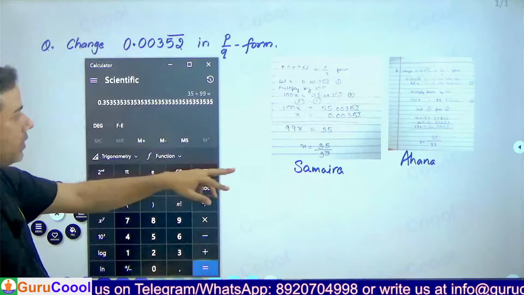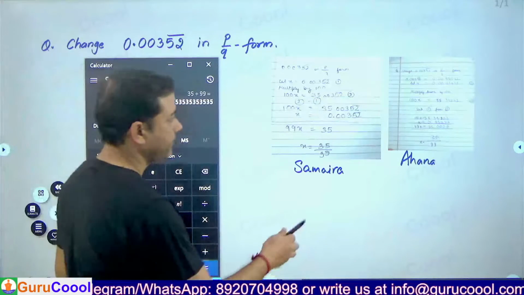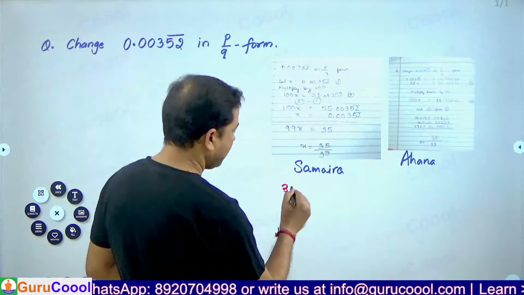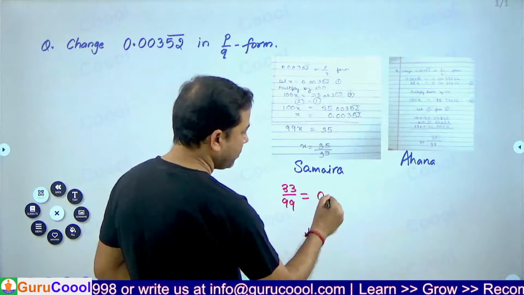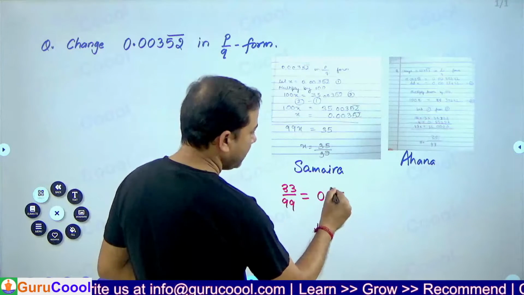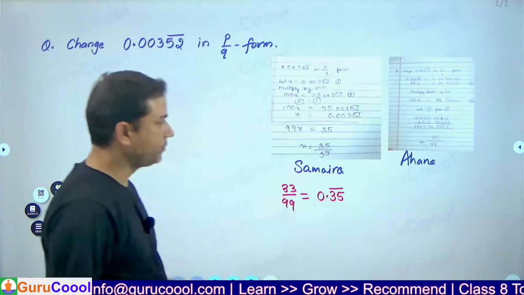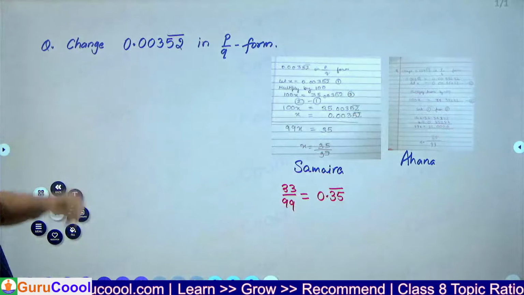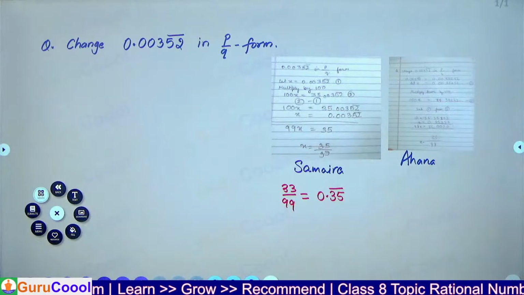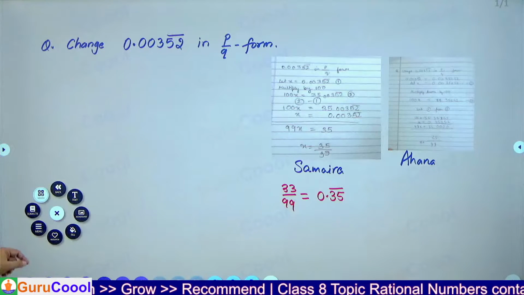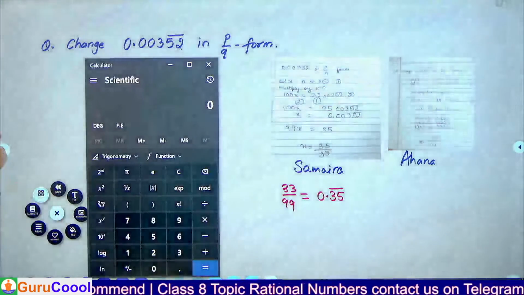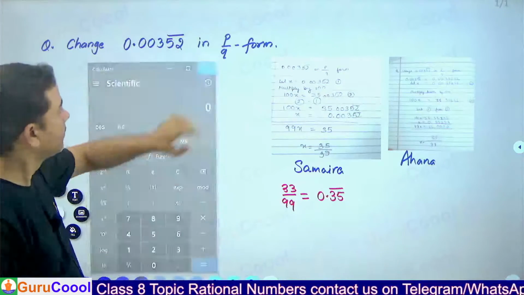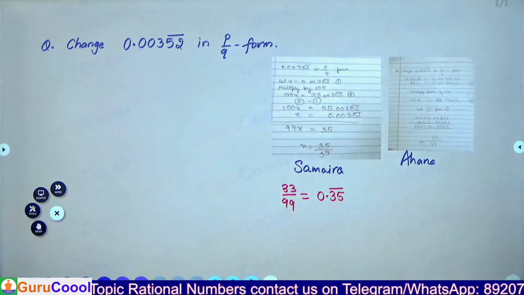So it's actually 35 bar. 35 by 99 is equal to 0.35 with a bar sign over it. Not this one. We need to check what went wrong. Let us see.